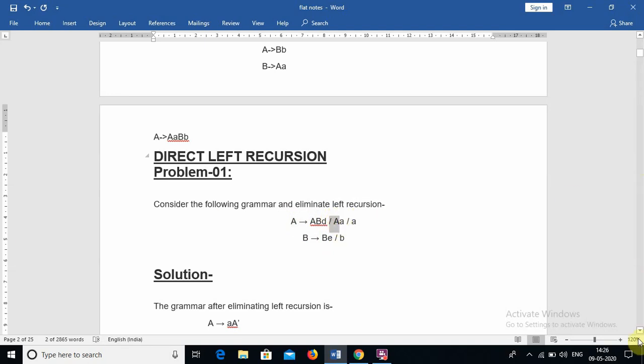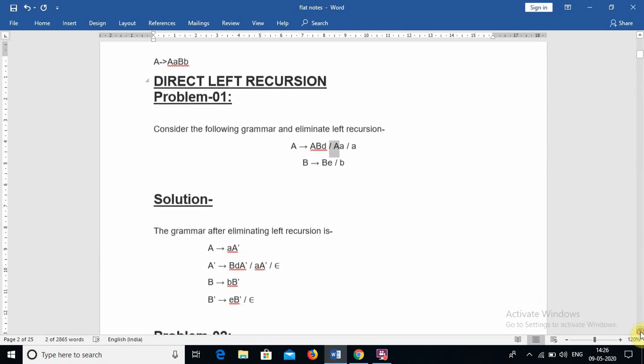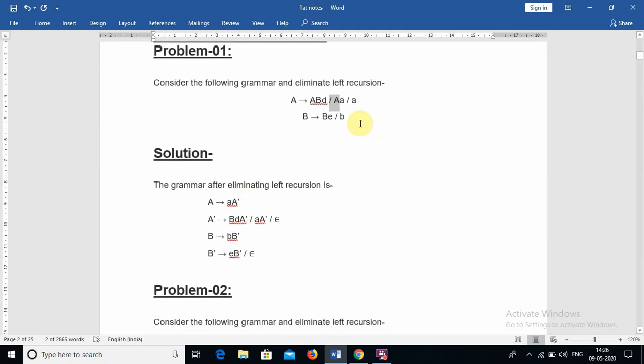The solution for this is: where we don't have the A, for small a we can add A1. A1 is a new non-terminal. Now how to define A1? Wherever we have it here, A1 to BD A1 and A1 slash epsilon. This is the way we can remove the left recursion in the A production rule.